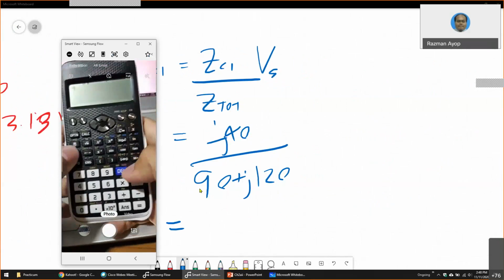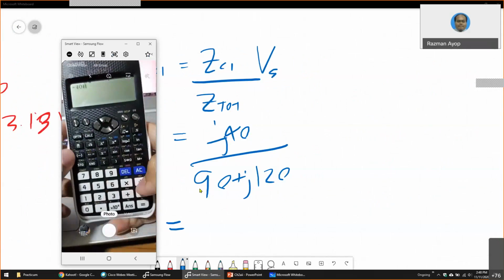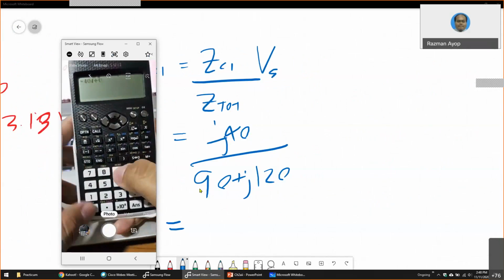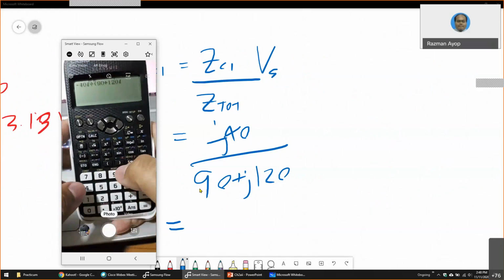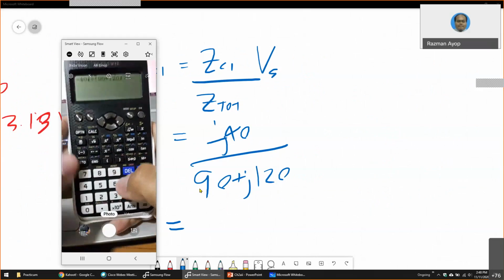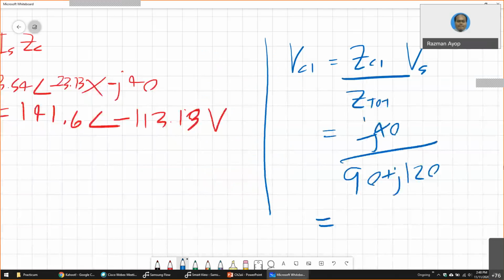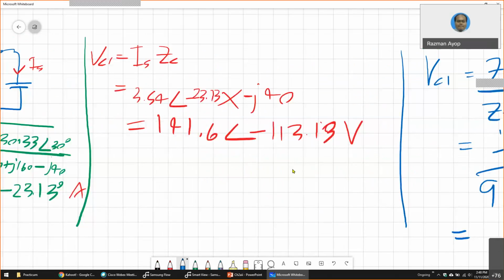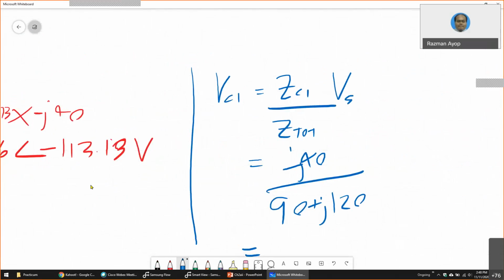Negative 40J divided by 90 plus 120J, multiply by Vs. Vs is 530.33, angle 30 degree.